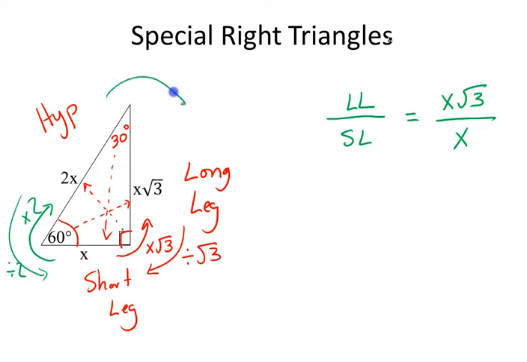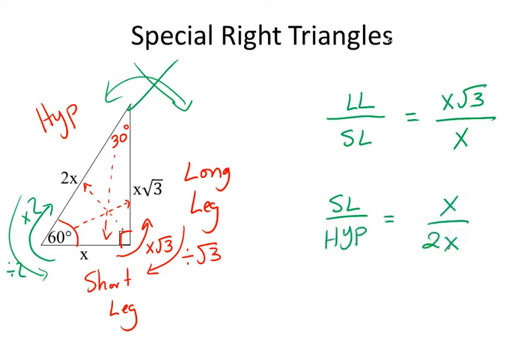I never connect long leg and hypotenuse. You never connect those. And if I wanted to go from the short leg to the hypotenuse, my ratio would be x over 2x. And I'll show you on the next slide how I'm looking at using these ratios. But if you want to use them based off ratios and then just cross multiply and solve, that'll absolutely work.